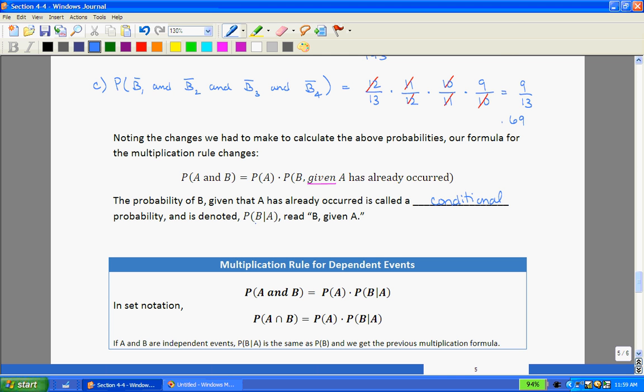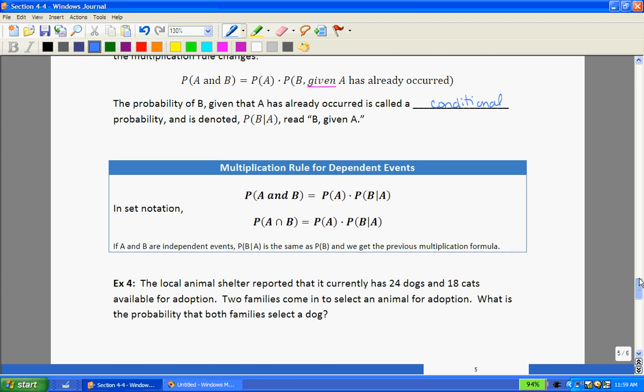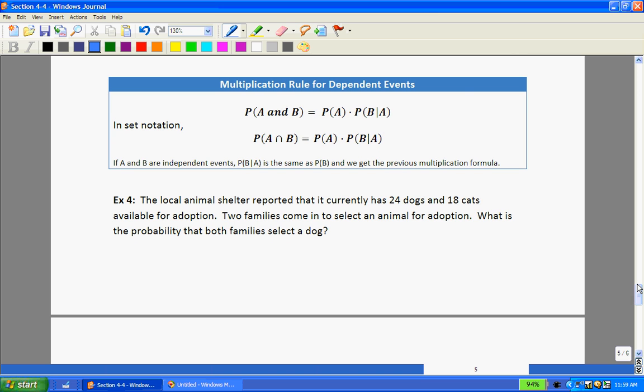It's denoted P of B given A. That bar there is read "given." Probability of B given A. So that's a conditional probability taking into account something else has already occurred. So that changes our multiplication formula here.